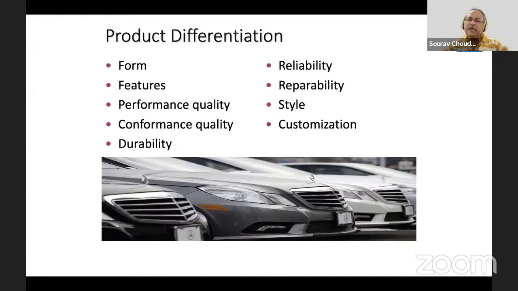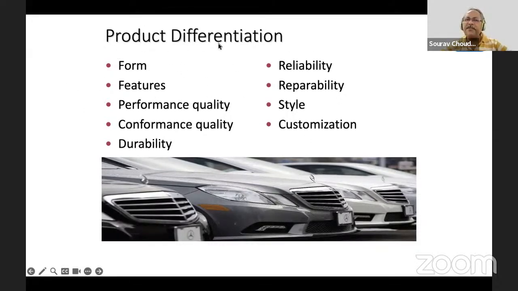There are plenty of examples of customization, even in abroad countries. Even your kitchen can be customized. Even in India nowadays, kitchens can be customized. Your toilets can be customized. Your bedrooms can be customized. Their designs, if you want to make it home automated, automation can be customized. Okay. Got it? Any questions here?